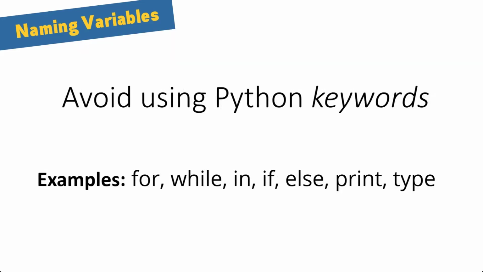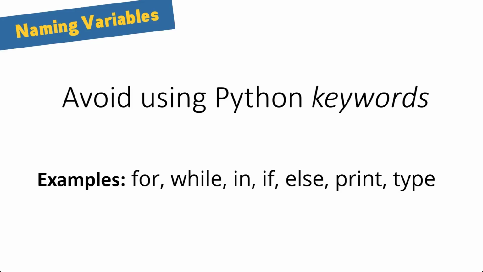Another important thing to consider is making sure your variable names don't overlap with Python keywords. So in Python, a keyword is a word that already has a special meaning in the language. Some common examples of Python keywords are for, while, in, if, and else, as well as the names of Python functions, like the ones we've already used, print, type, and so on.